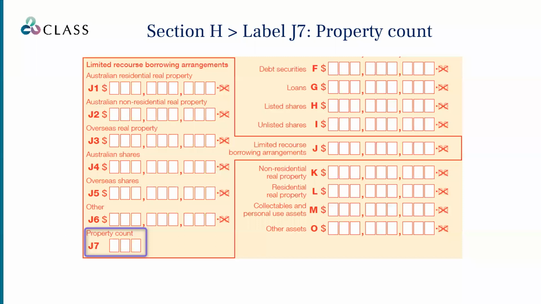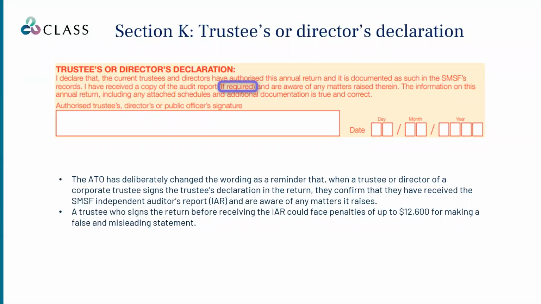Section H is the assets and liability section of the annual return. There's a new label for the property account, but be mindful that you only need to complete the property account if the property is subject to a limited recourse borrowing arrangement. If the fund owns the property outright, there's no requirement to put anything in this box. Lastly, the ATO has deliberately removed the wording "if required" in the trustee or director's declaration.